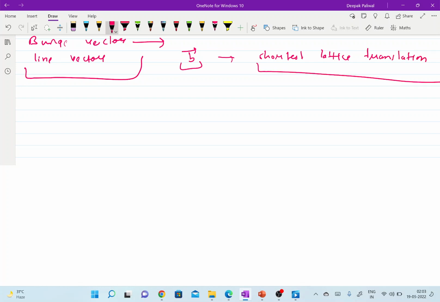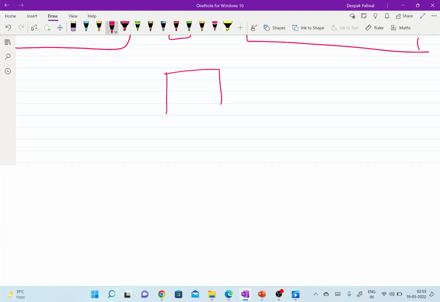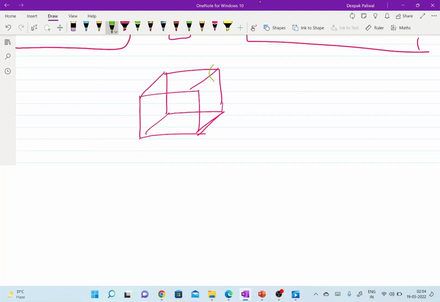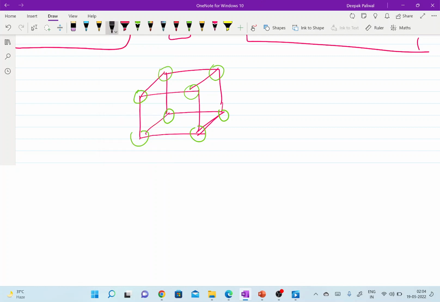When we say shortest lattice translation, suppose we have an FCC unit cell. We know from the very first lecture that the atoms in the FCC unit cell are at the corners and at the faces of the unit cell.